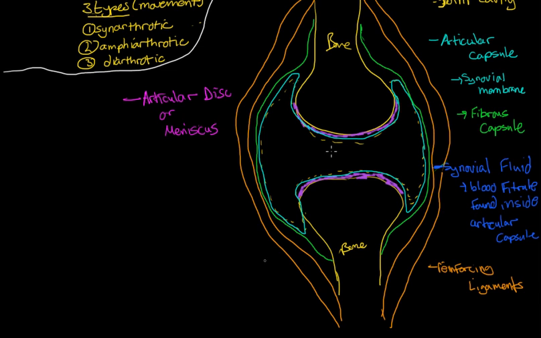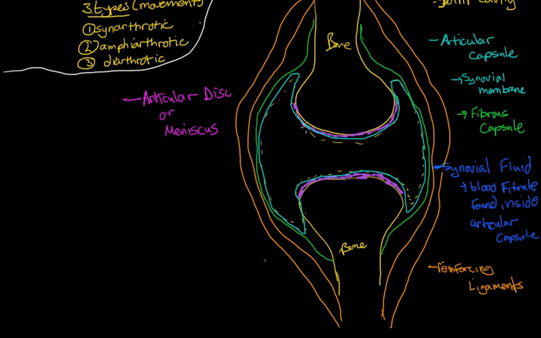And what this does is it fills gaps of bones that don't quite mate together perfectly. And what that then does is distribute the load of the joint. So you're going to find those in your knees, and also in your sternoclavicular joint, and in your mandible joint, or where your jaw meets with your maxilla. Or, I'm sorry, your temporal bone.